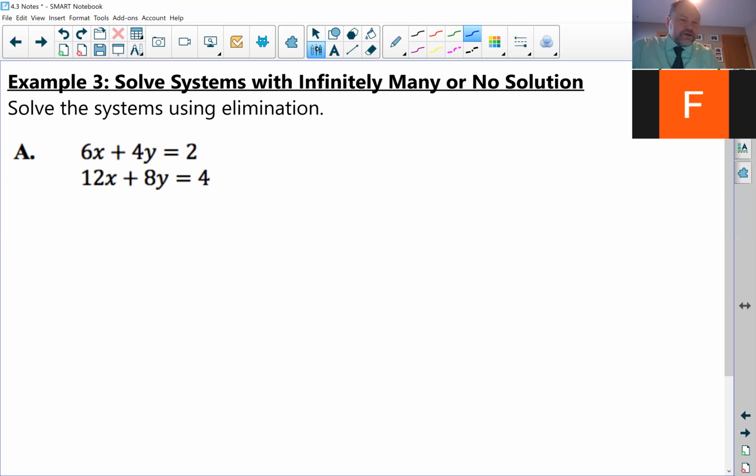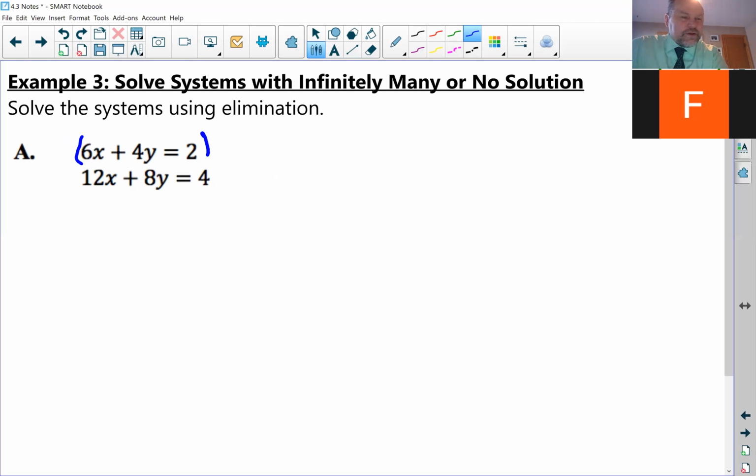So as I look, there are no coefficients that are exactly the same. I do not have coefficients that are exactly opposites for this one. However, if I look at the 6, I can multiply that by negative 2 to make it the opposite of 12.